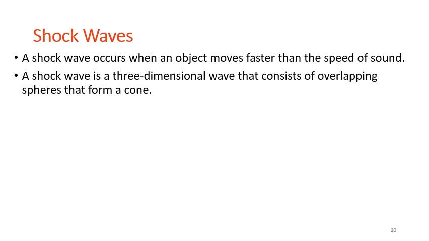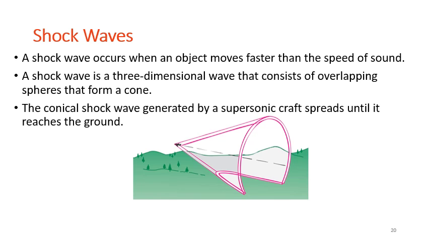So this will create spheres. So you can see it's a conical shape, spheres overlapping, and all these supersonic craft will create a shock wave, and this shock wave reaches the ground when it's moving. So let's talk about these shock waves in the next slide more extensively.